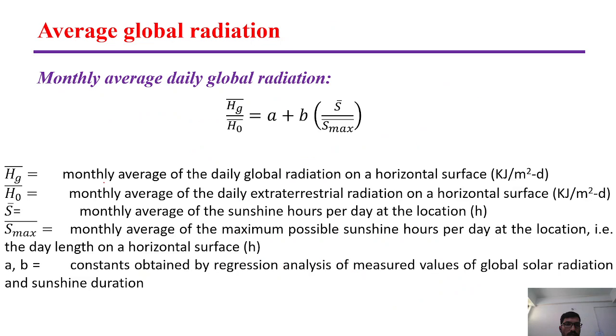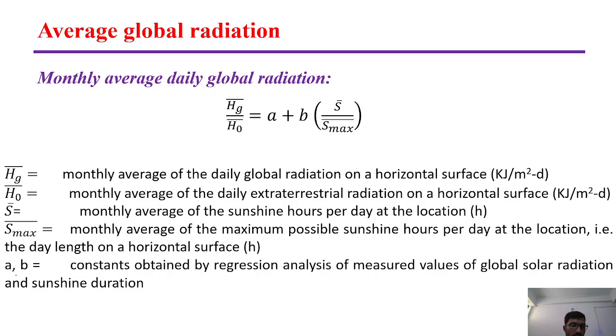Another topic is how to calculate the global radiation, the average of the global radiation. Many times we need the average of the daily global radiation or the hourly global radiation, both at the horizontal surface and the tilted surface. For this, very basic empirical correlations are given.